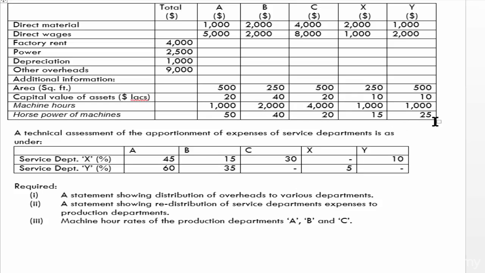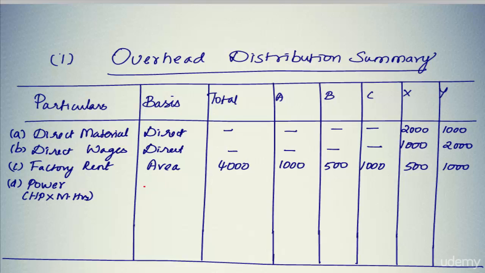You will get a ratio, and on that ratio this power cost of 2,500 has to be apportioned. So we'll write the basis of apportionment as HP multiplied by machine hours, and the total cost as 2,500. You would get 500 for department A, 800 for B, then 800 for department C, 150 for department X, and 250 for department Y.